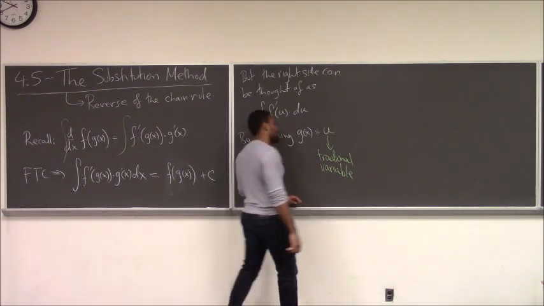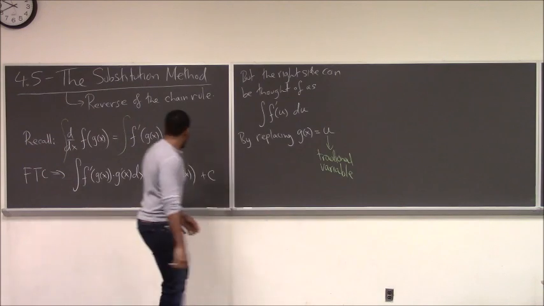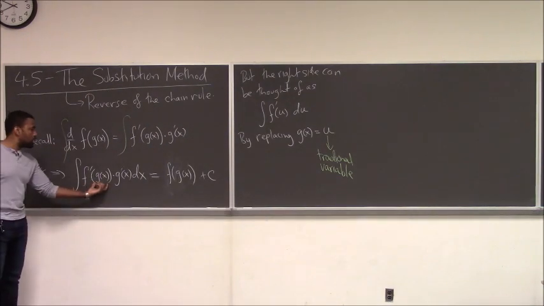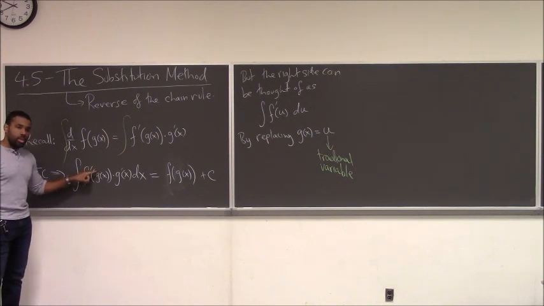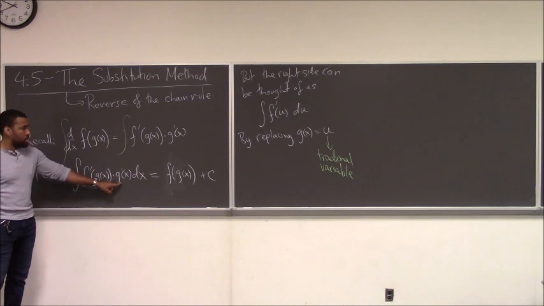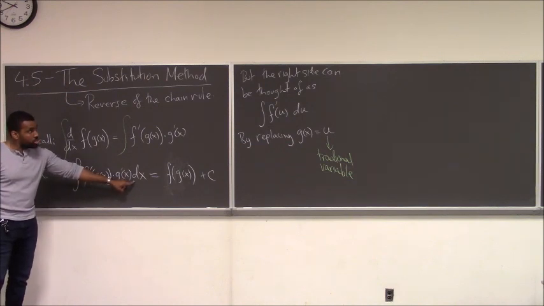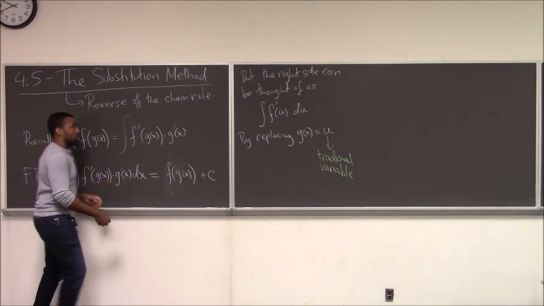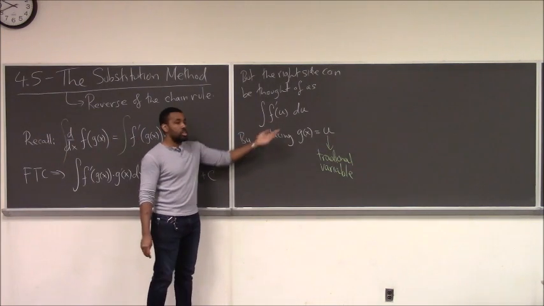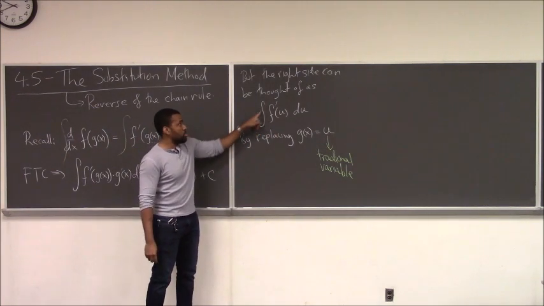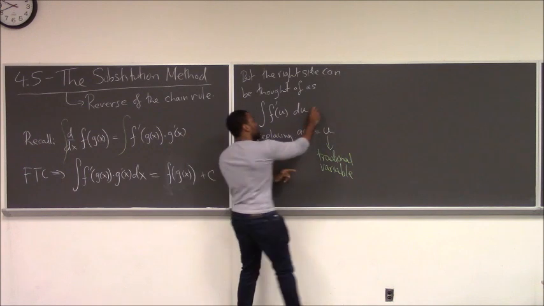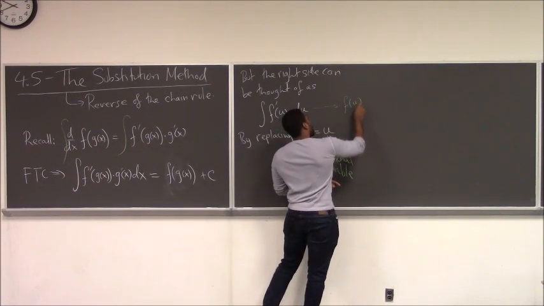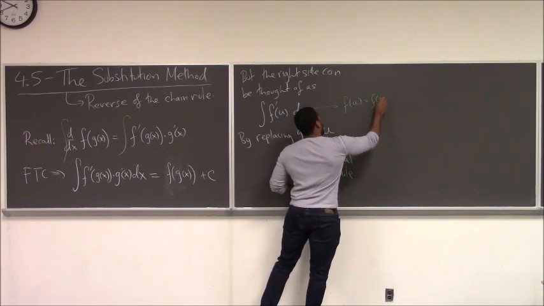That's the traditional variable used. So basically, you can replace your g with a variable u. Then what we know from differentials is going to tell you that your du is going to be g prime times dx. And so this integral will become that integral, and this integral, by the fundamental theorem of calculus, would just become f of u, which we now know as f of g of x. Right?